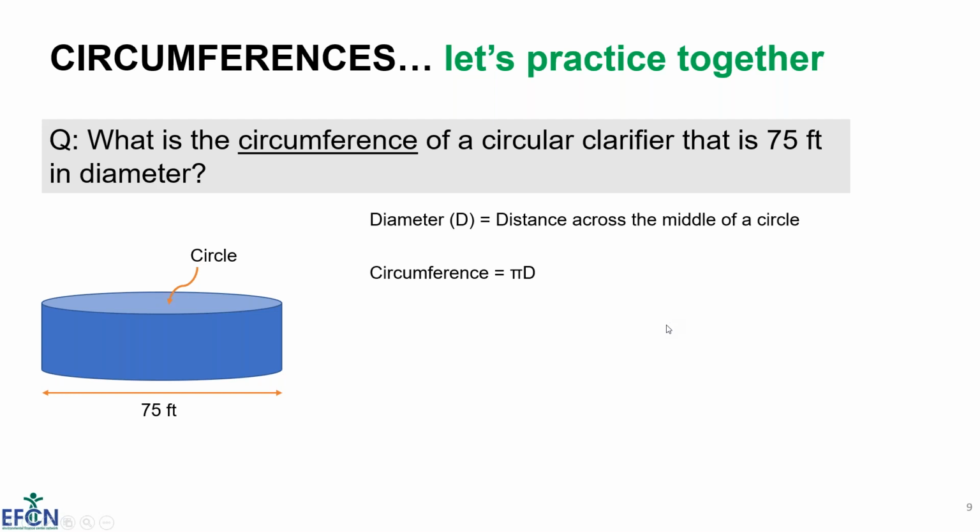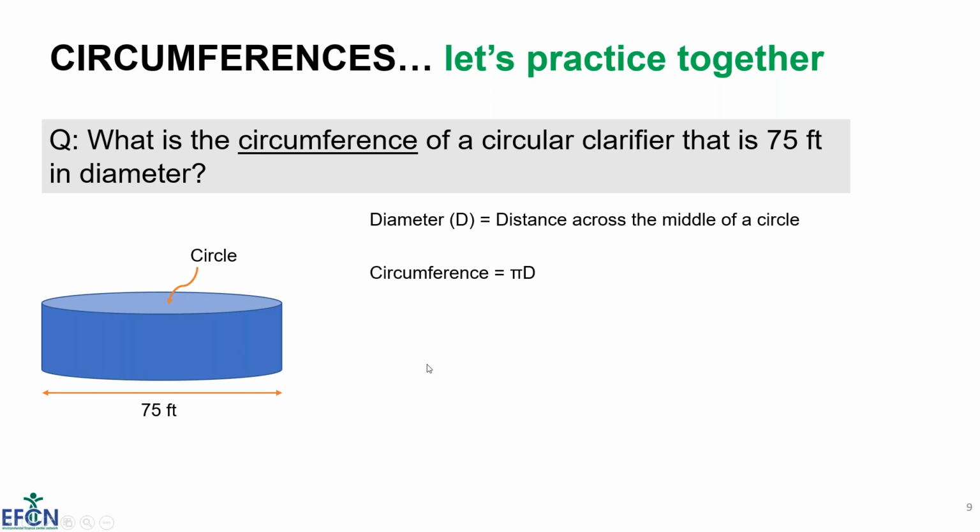Now, if you look at this, you can draw a sketch, and the circumference would basically be if you're walking around the edge of that circular clarifier. So the distance around that circular clarifier. We're not considering the volume at this point.